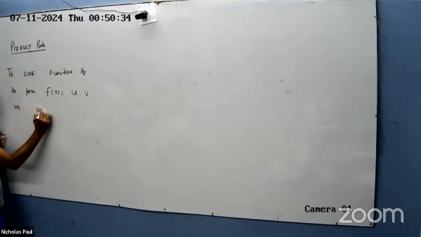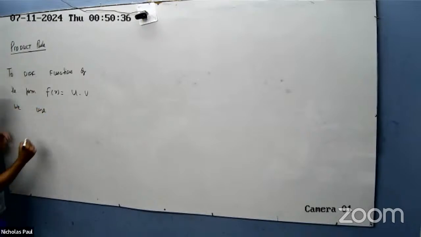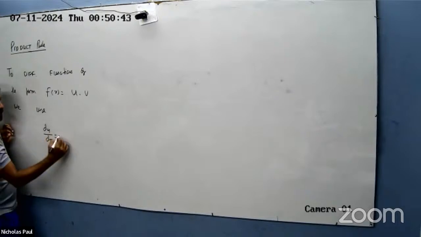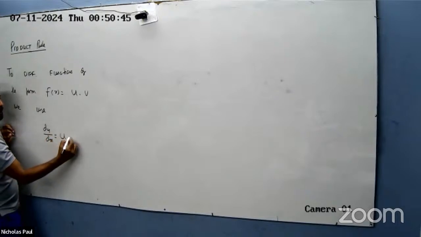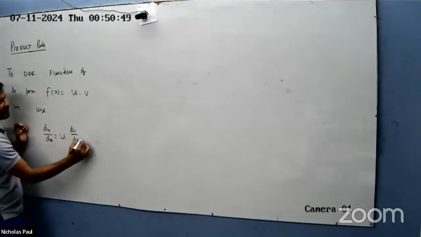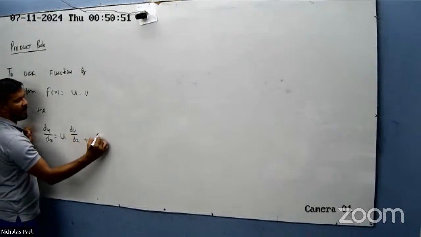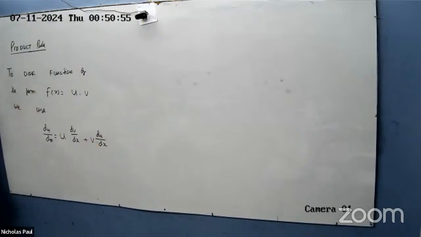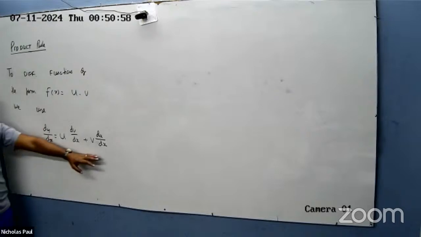We use dy dx is equal to u multiplied by the differential of v with respect to x plus v by the differential of u with respect to x. Right? So in order to find dy dx, this is product rule.